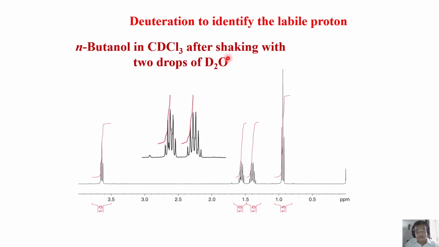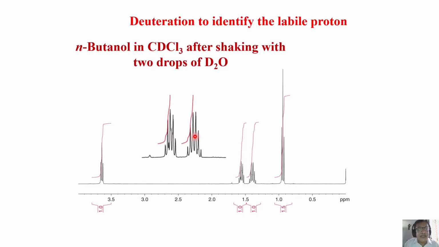It is deuterated. Because it is deuterated, you don't see it in the proton spectrum. As a consequence, the OH peak is not seen. But at least you identified that OH was hidden here. So these are some of the tricks of the trade you should know, looking at the spectrum, where to identify OH, where it is hidden, and based on the coupling strength, how to analyze.